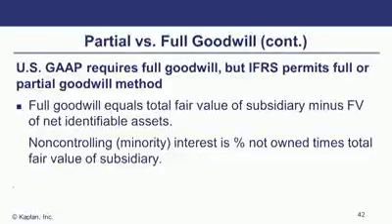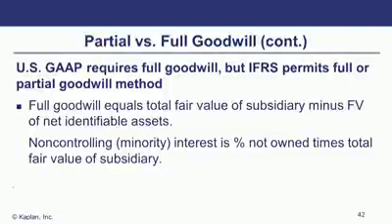Now I think what we should underline here is that partial and full goodwill will be identical for 100% owned subsidiaries. So this distinction between partial and full goodwill is only going to kick in where we've got minority interests in the equation.